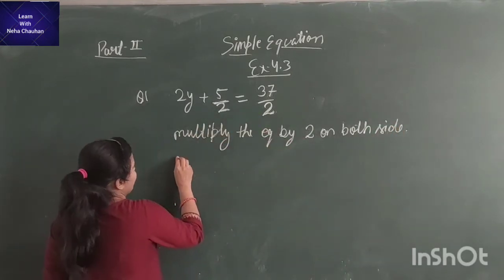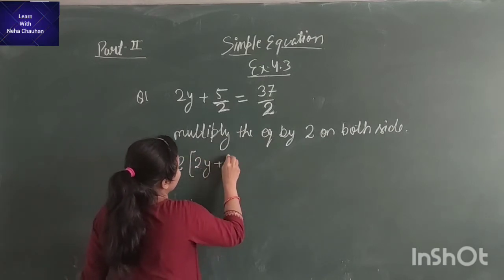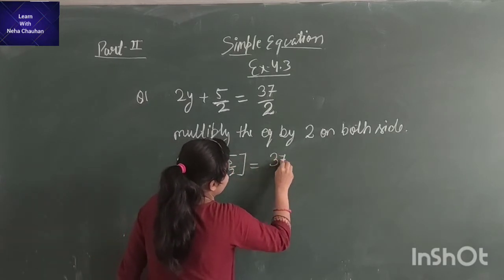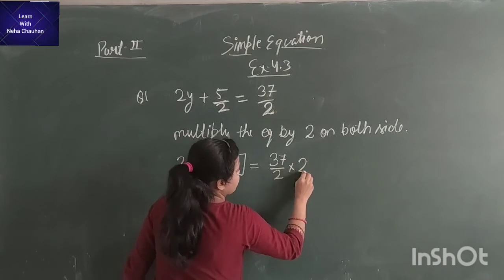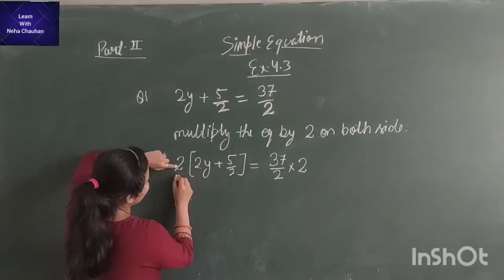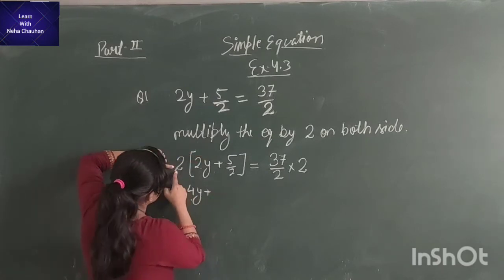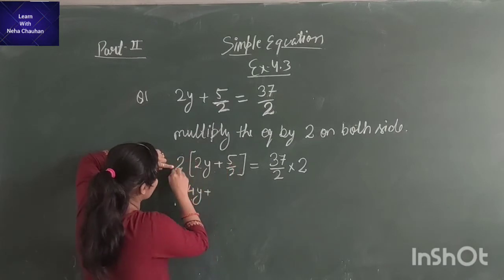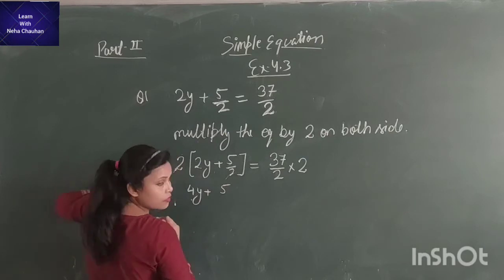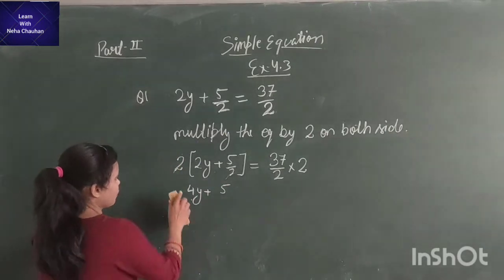Alright, so if I multiply by 2, I will get this. On multiplying, 2 multiply 2y is 4y, plus 2 multiply 5 by 2. Let me explain.